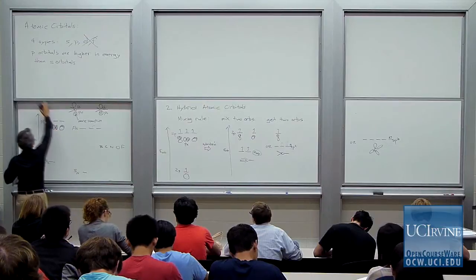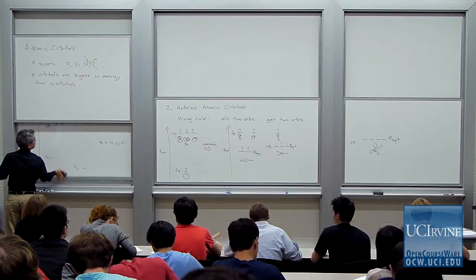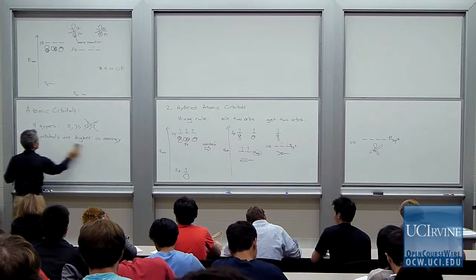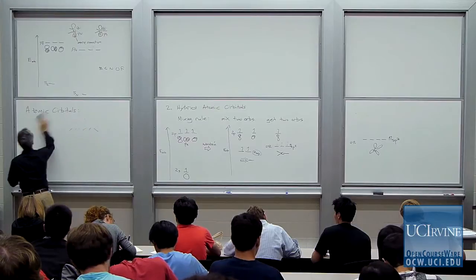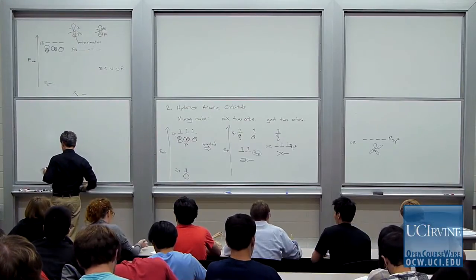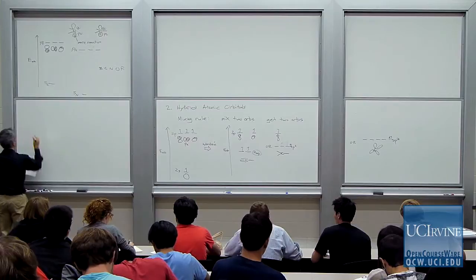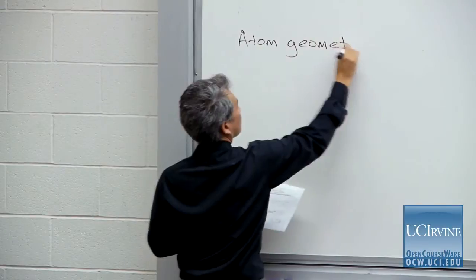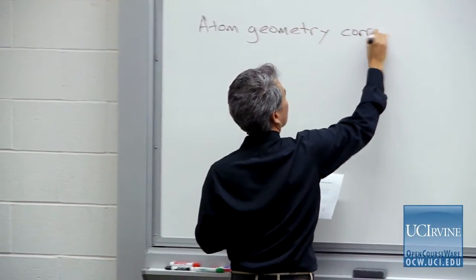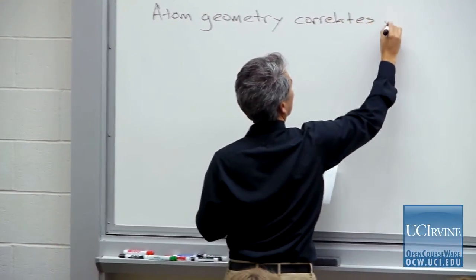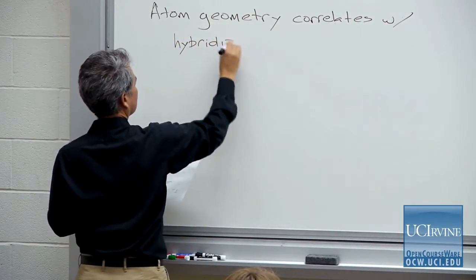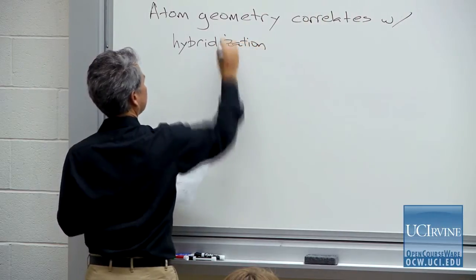It has to do with the strict correlation between hybridization and geometry. Atom geometry correlates with hybridization.